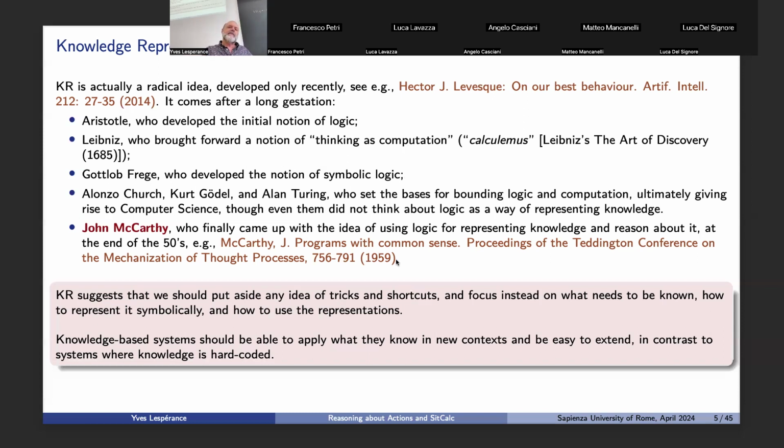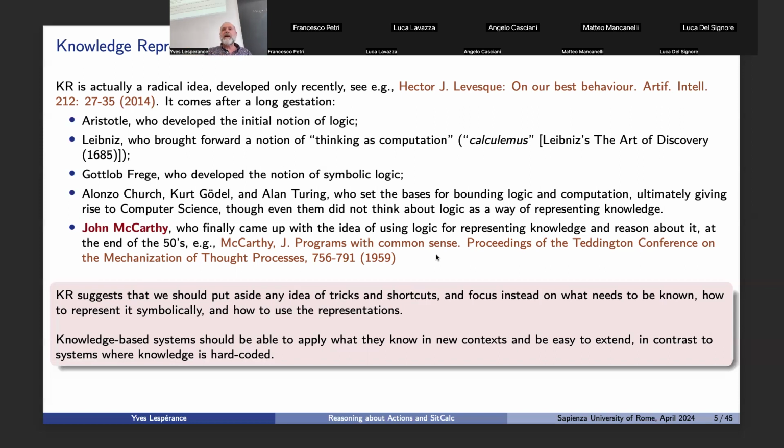Then the first person who really came up with this idea of a knowledge-based system, which is to represent the knowledge that the agent has in a logic and use reasoning to decide what to do, was John McCarthy at the end of the 50s, in a paper on programs with common sense.